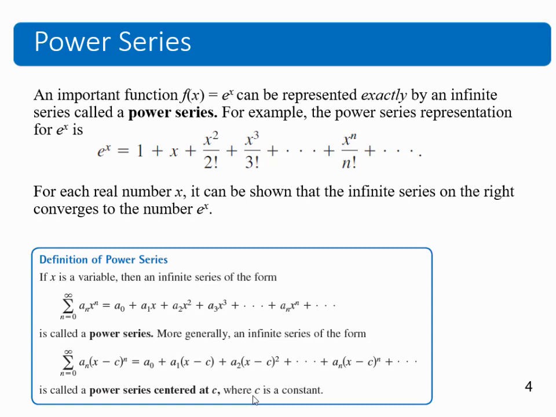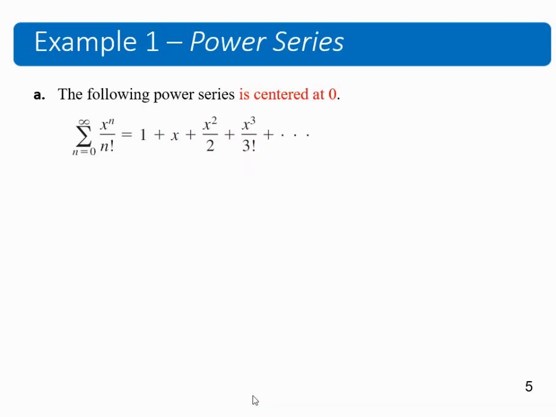And there are lots of different ways of saying that your power series is centered at c. So I'm going to give you some examples. Here's this first one. This one is centered at 0, because if you had x minus c, your c is 0 in this case, so that you get just x to the 0 power, first power, second, third. And you can see that your a_n in this situation would be 1 over n factorial.